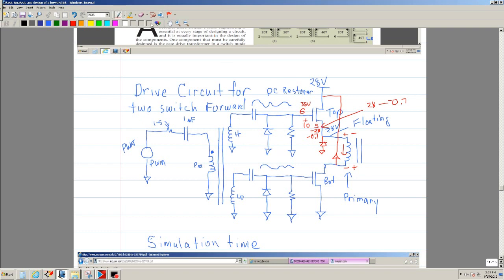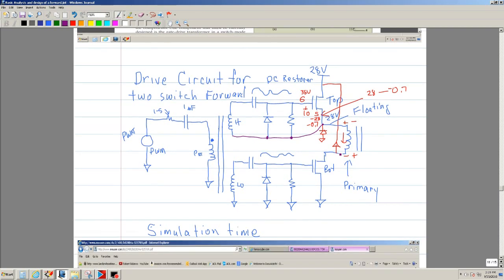And actually, there's a little bit of an error here. It should be drawn like this. Like that. Okay, a little bit of an error there. So this is a gate drive.